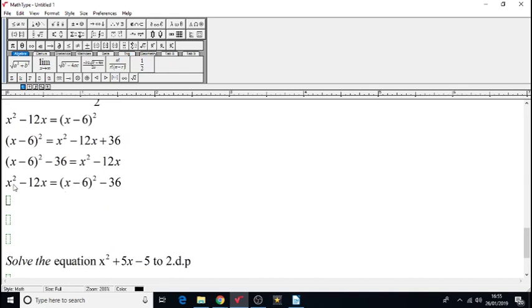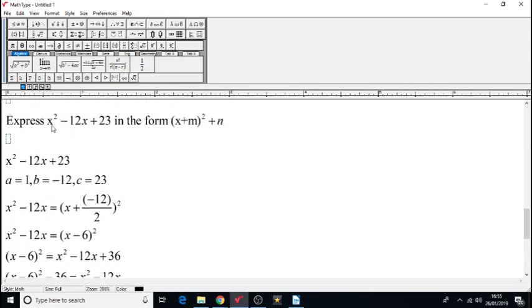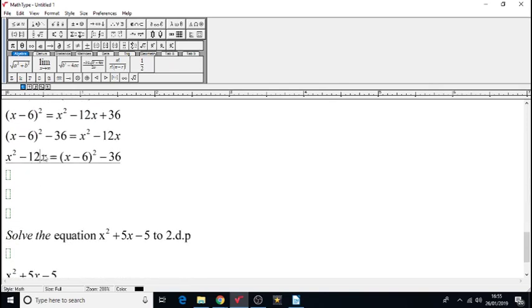So now we've got x squared minus 12x. But because the question is asking us to express x squared minus 12x plus 23, we add the 23 on here, and what you do to the left hand side, you also do to the right hand side.